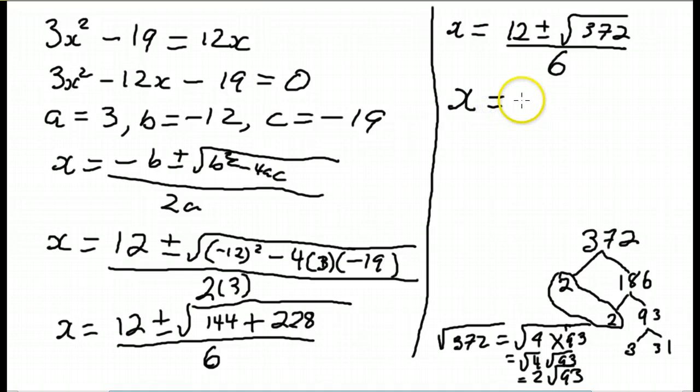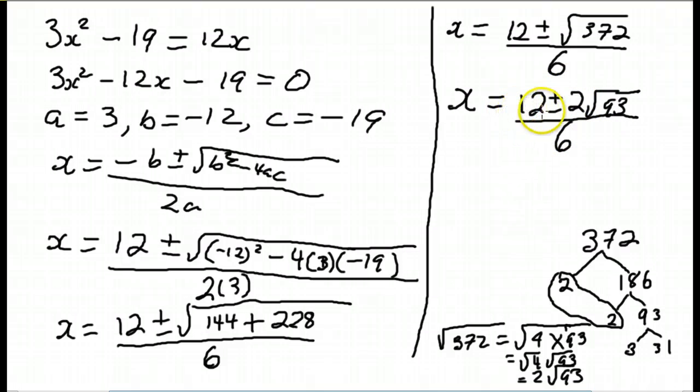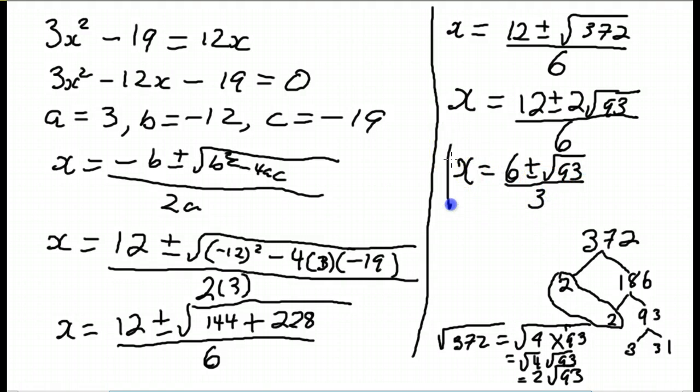Okay, so x equals 12 plus or minus 2 root 93 over 6. Now, common factor between 12 and 2 and 6 is 2, so I can divide, as long as everything divides. So the 12, the 2, and the 6 all divide by 2, giving me 6 plus or minus root 93 all over 3. And that is our final answer.